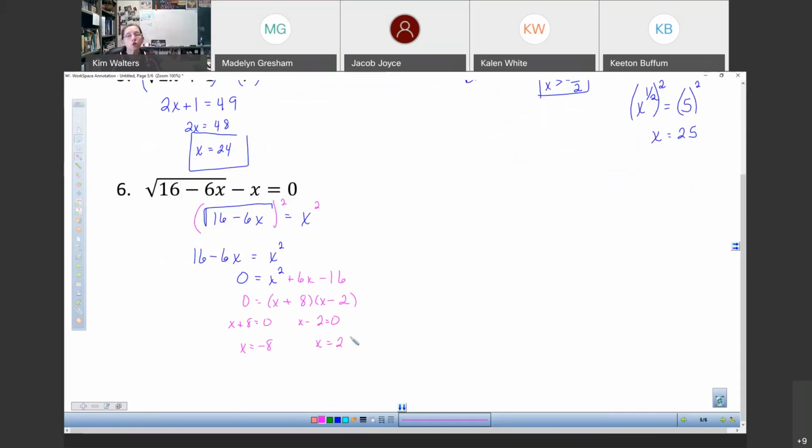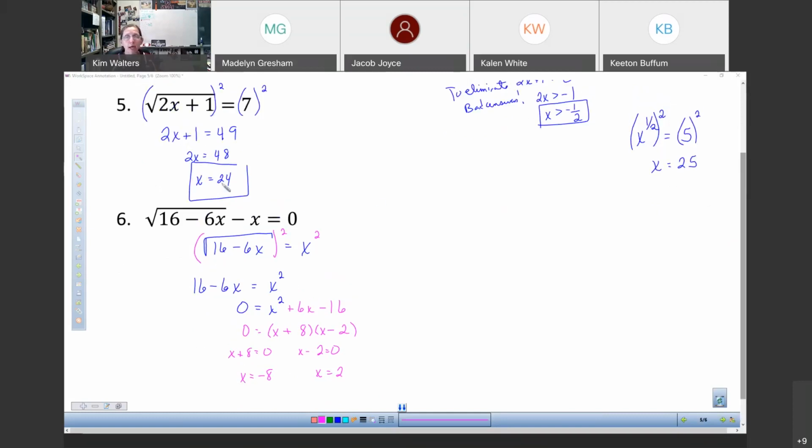Now, here's the problem. I have to check. In the previous problem, I checked by saying, okay, does 24 fit this image? And this image said x had to be greater than negative 1/2. And I said, yeah, 24 was. So the alternate way to check this is to come over here to the side and check x is equal to negative 8, and x is equal to positive 2.